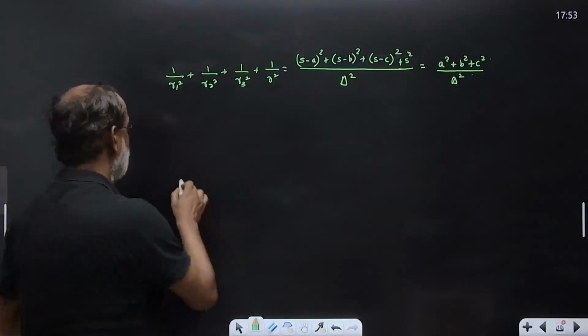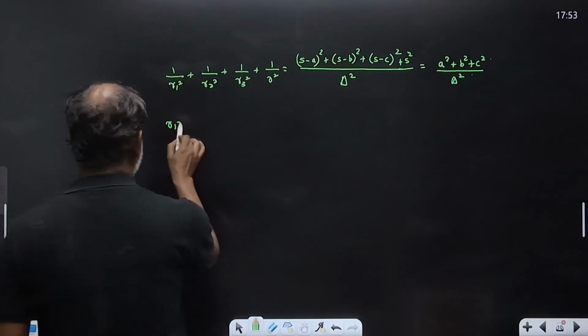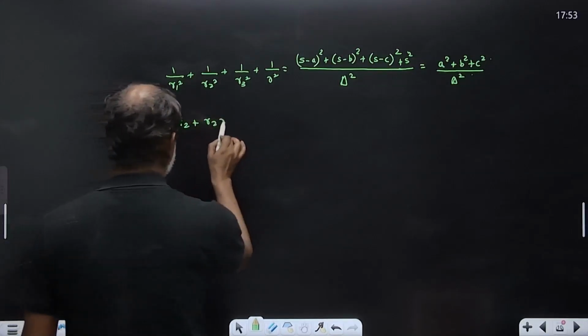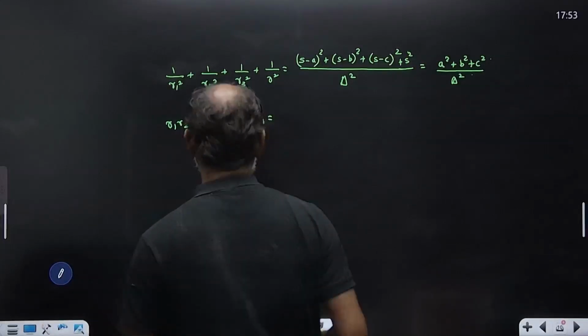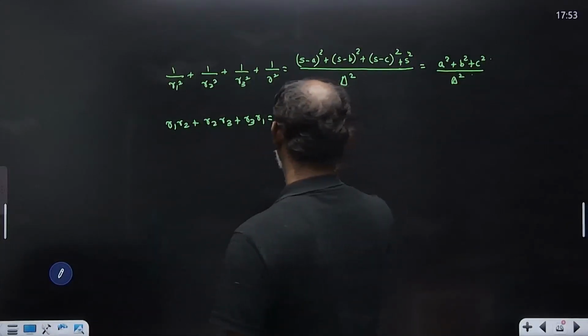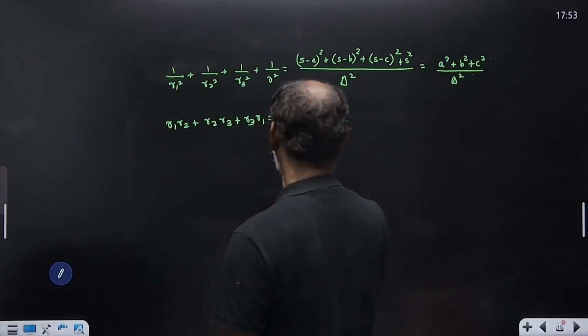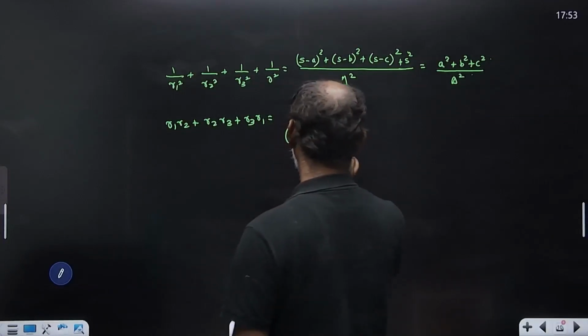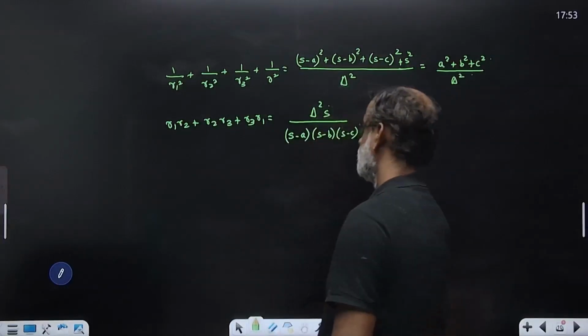And do we have some expression for what is R1 R2 plus R2 R3 plus R3 R1? See, R1 R2 is delta square by S minus A, S minus B, S minus C into S, isn't it?